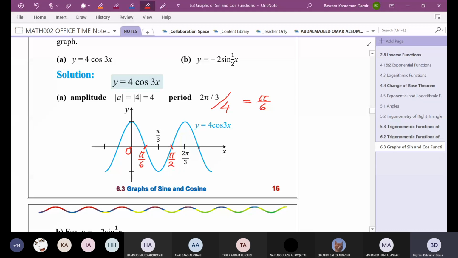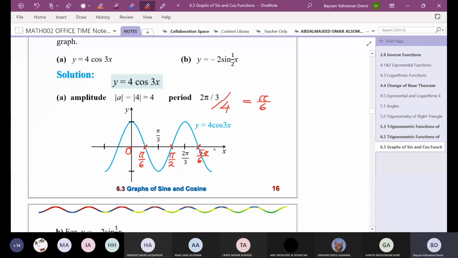So now who's going to tell me, Shabab, this point here? How many pi over 6 here? 1, 2, 3, 4, 5. 5 pi over 6. Perfect. So it is easy to find, Shabab.